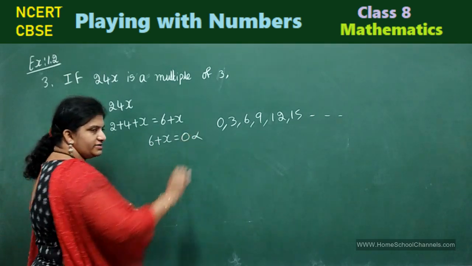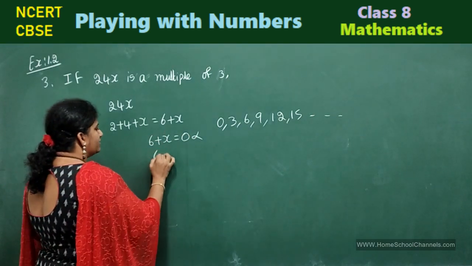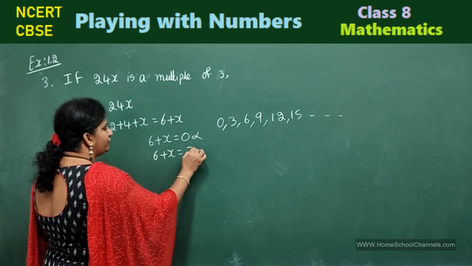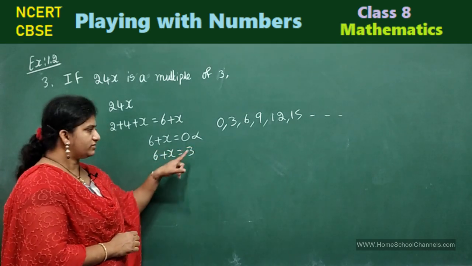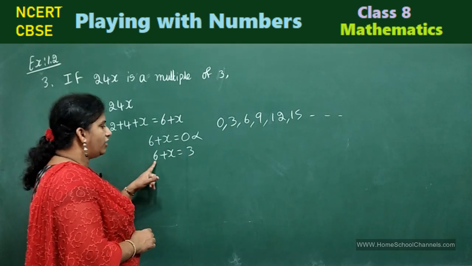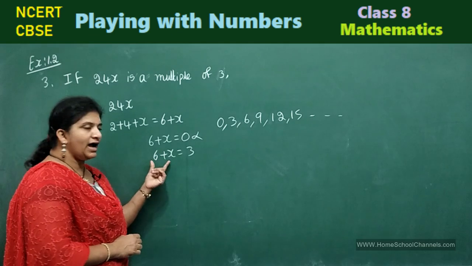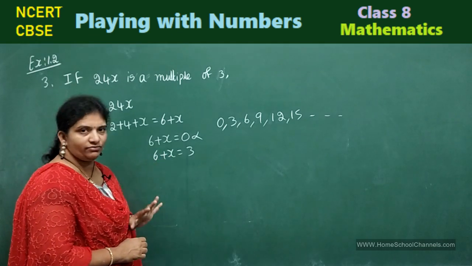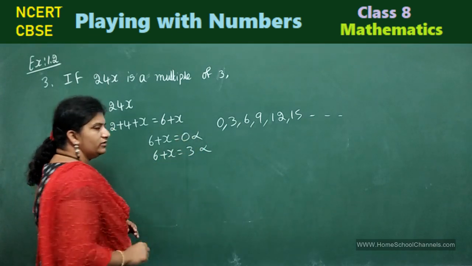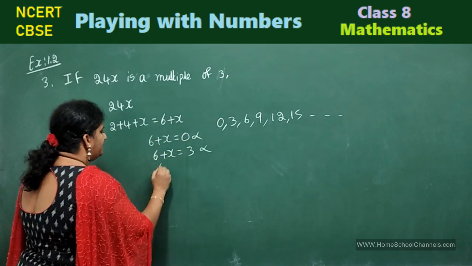No, I won't consider this. Next number, 6 plus x is equal to 3. Do you get it? No, 3 is smaller. If I add any number to 6, I won't get 3. This is also wrong. So, let us move to the next number.